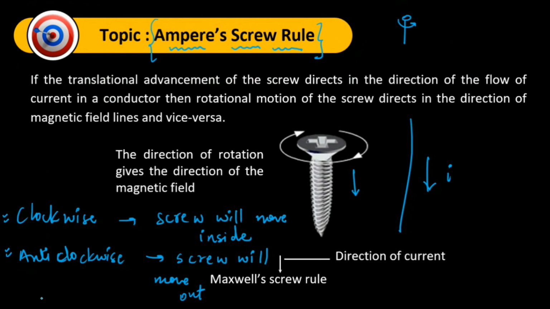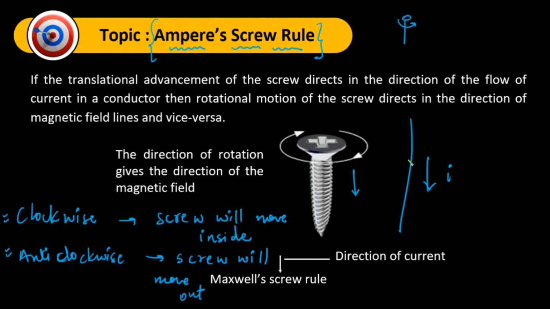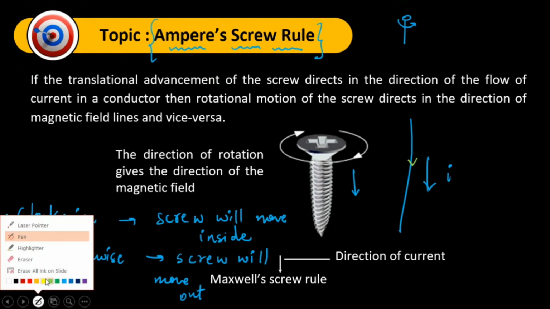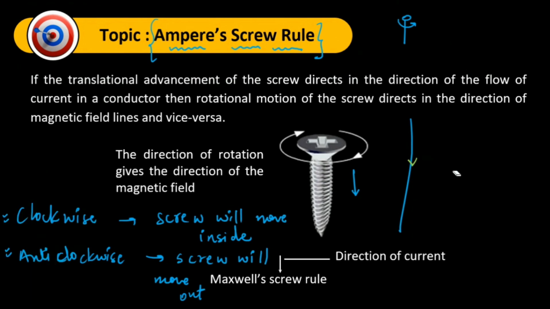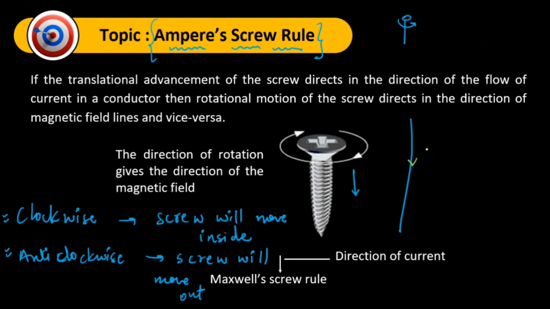For example, in this diagram also, if current is going this way, just like in the conductor, whenever you see the magnetic field, it will be different in different regions. I can assume this is my one such region and this is my second such region. In the first region, the magnetic field is coming out of it.